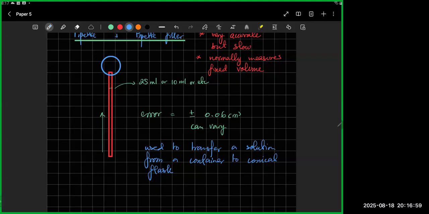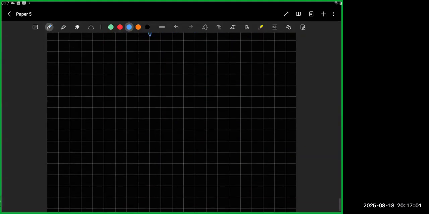That's a measurement device. Okay, let's jump to the third one, the measuring cylinder. So what does a measuring cylinder do?